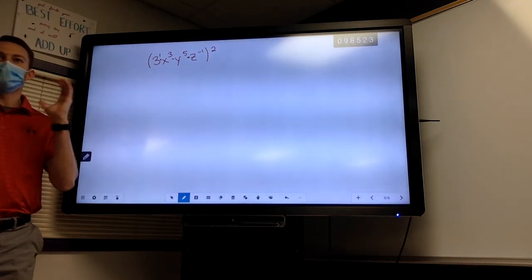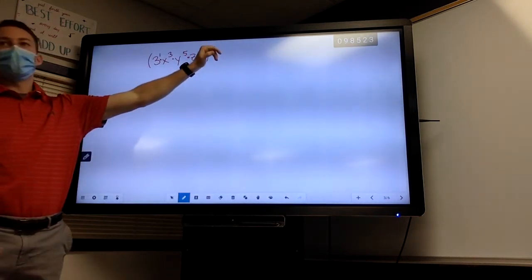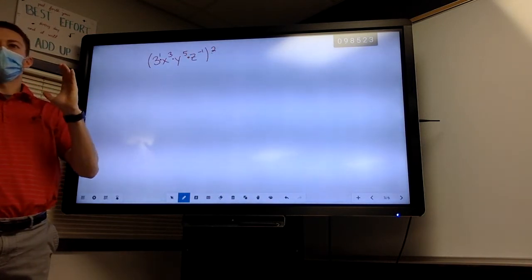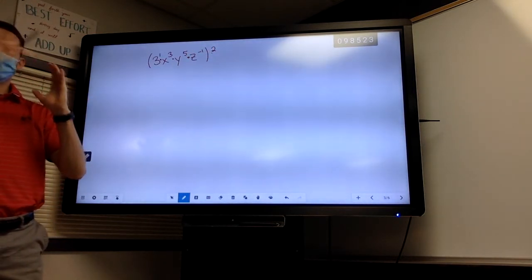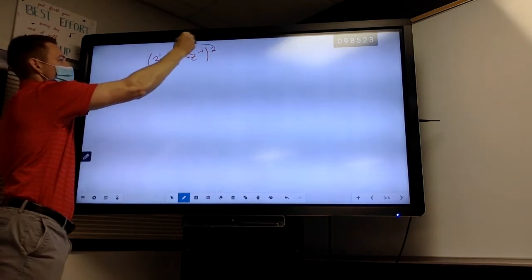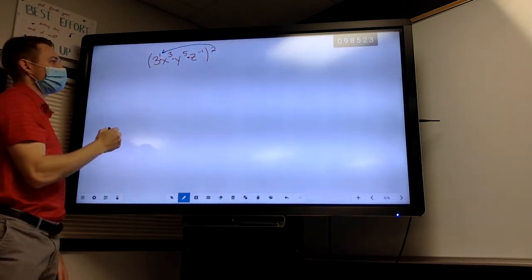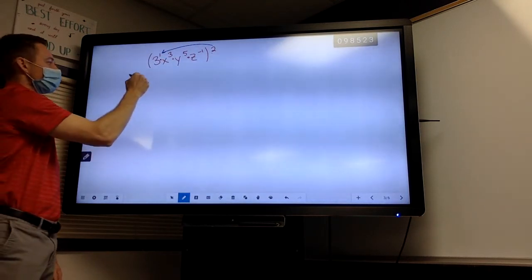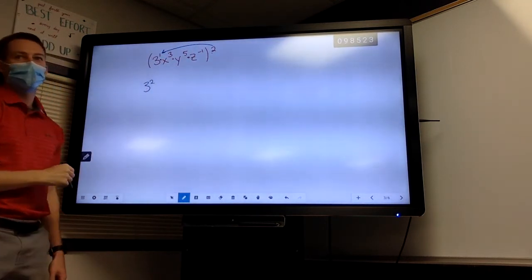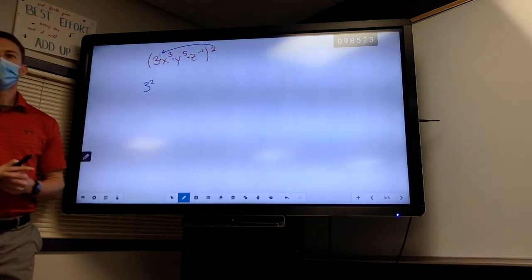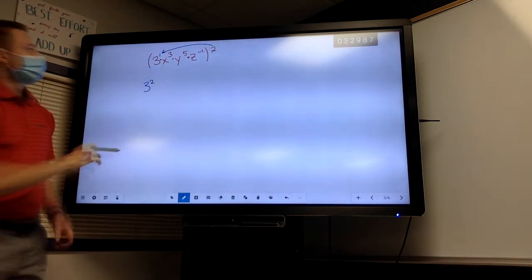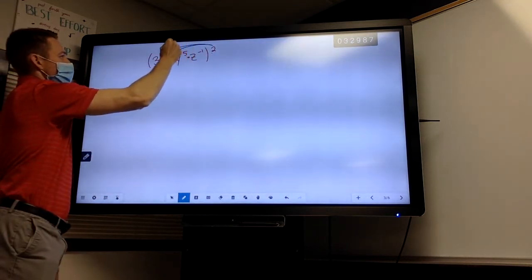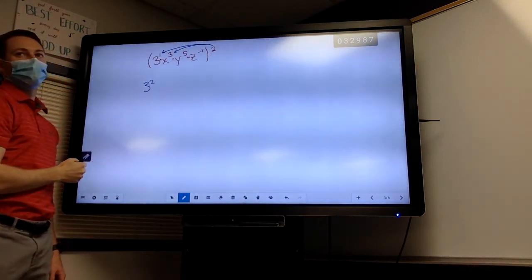Now, when we have parentheses and an exponent on the outside, what do we have to do? Multiply in. Distribute. Let's distribute. So what is 2 times 1? 2. So this is actually 3 squared, or 3 to the second. What is 2 times 3? 6.